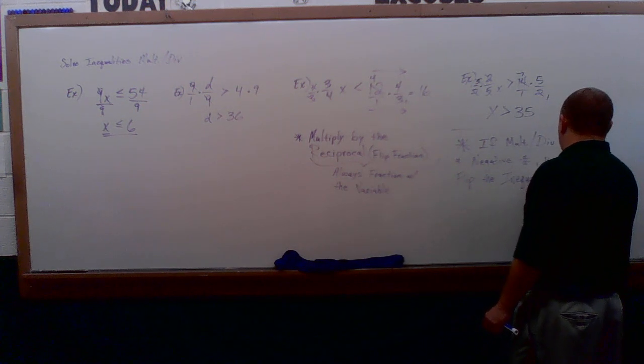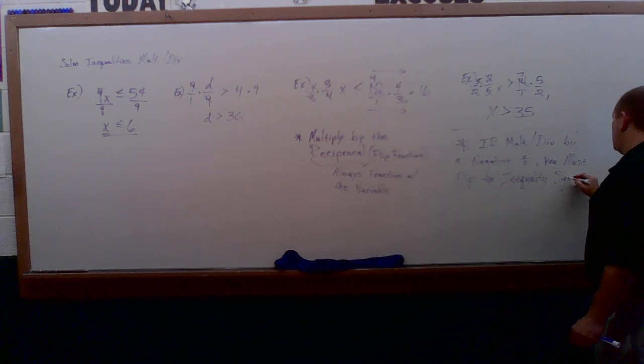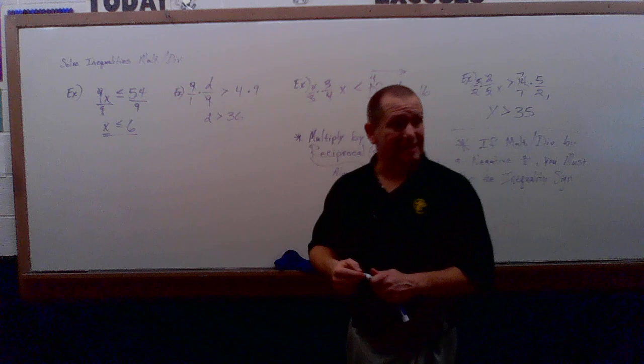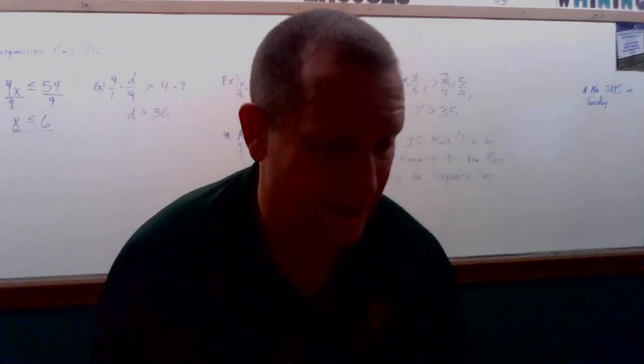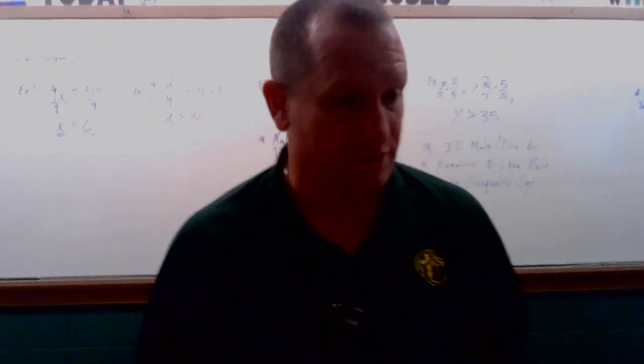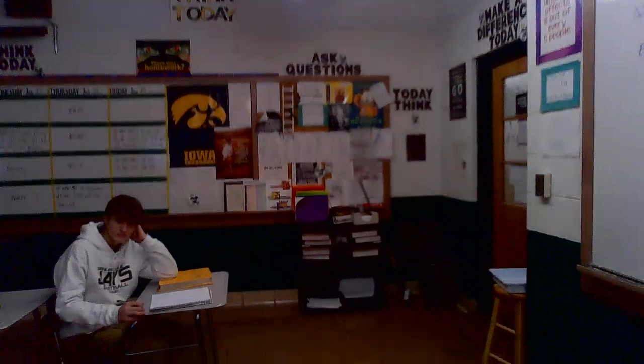So in the original problem, if it's less than, you change it to greater than. If it was greater than, you change it to less than. You just flip-flop it. Every single time that you multiply or divide by a negative. All right?